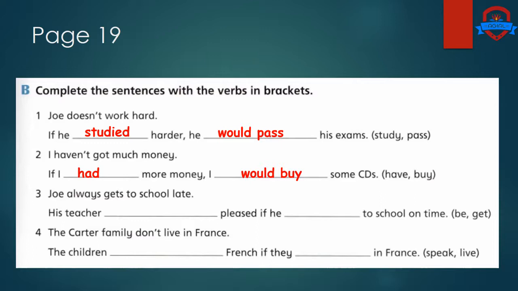We removed or omitted the comma, but we have to follow it with what? Past or would? Past. So the second part will be past, and the first one would plus infinitive. His teacher would be pleased if he got to school on time.